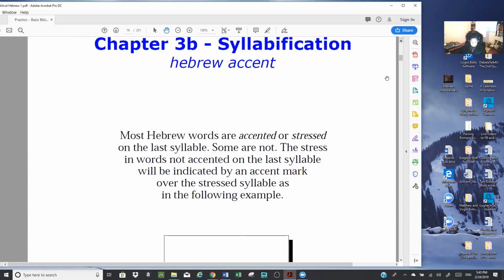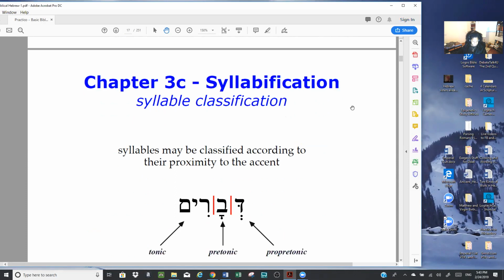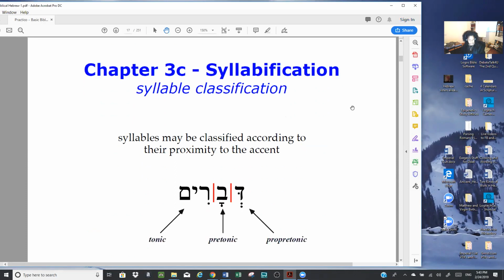In Hebrew, syllables are classified by their proximity to the accent. The accented syllable is called the tonic, or tone syllable.